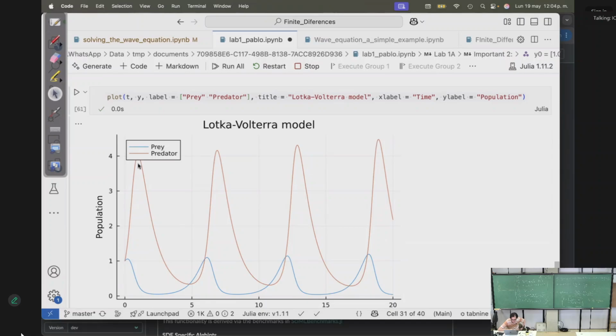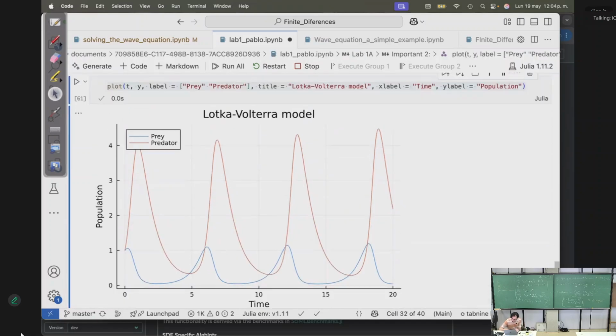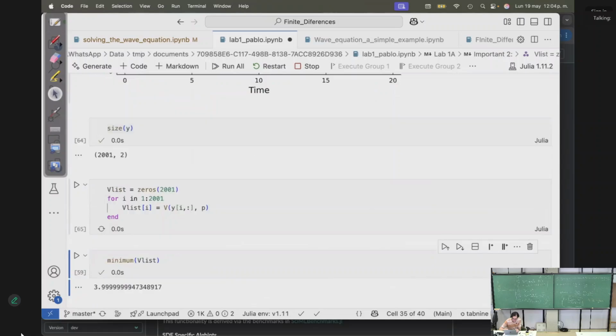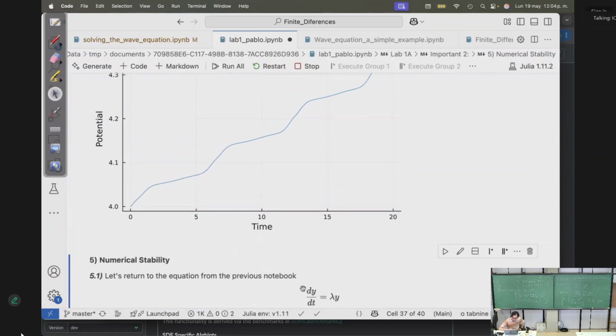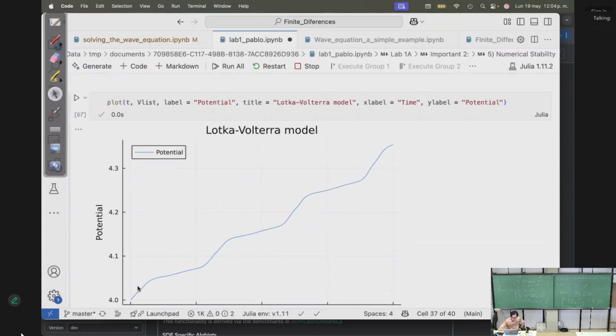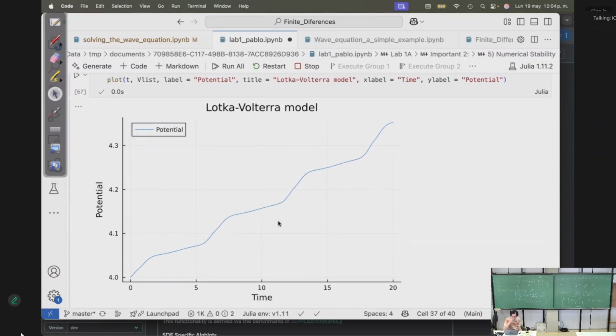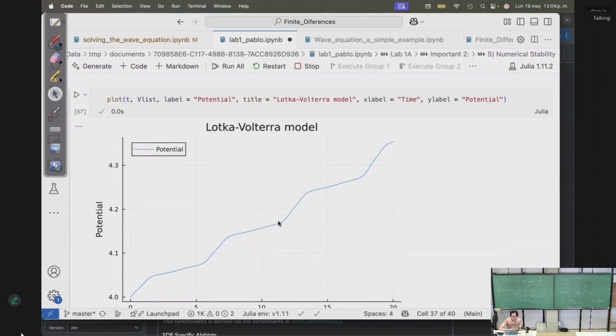So this is actually not a very good solution. Okay, and we can see that reflected in the conserved quantity here. If you try to see what V is for the Euler method, we see that it starts increasing. So this is something that you always have to check when you are trying to see if your solution is good or bad. It's trying to see what conserved quantity the system has and see how it behaves.